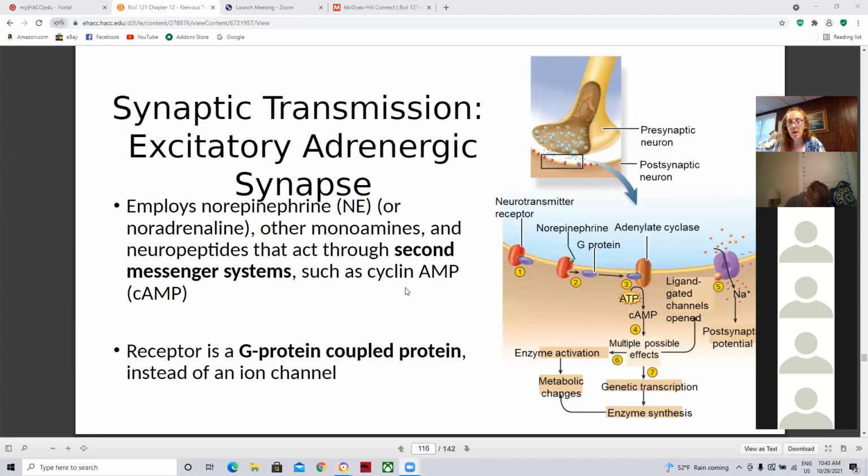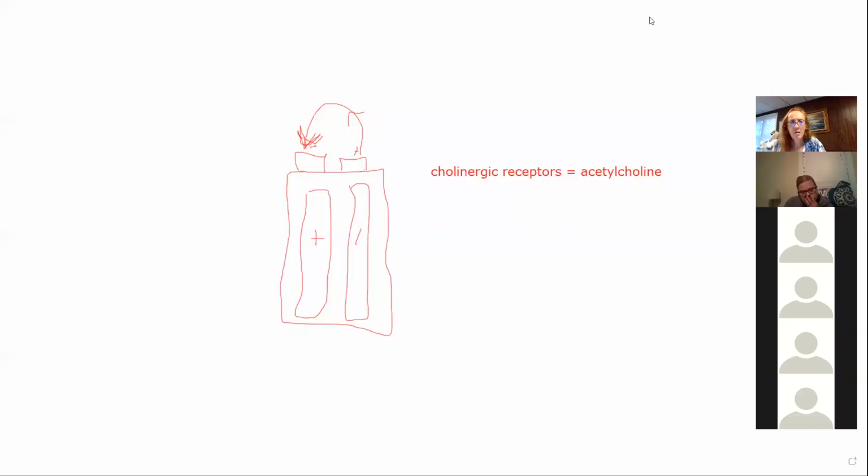Often it's cyclic AMP. Adrenergic receptors are going to bind to things like adrenaline.